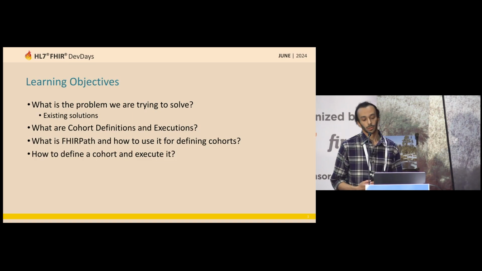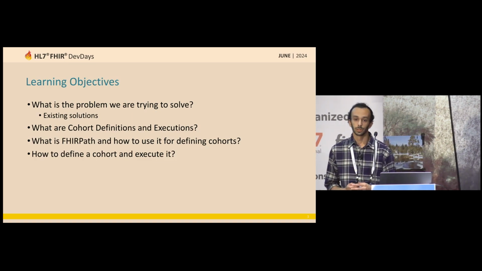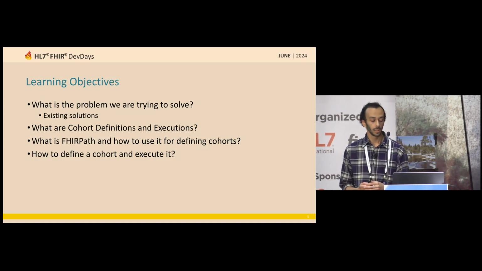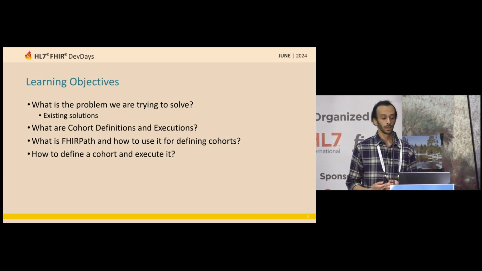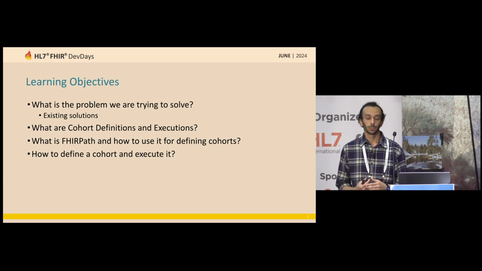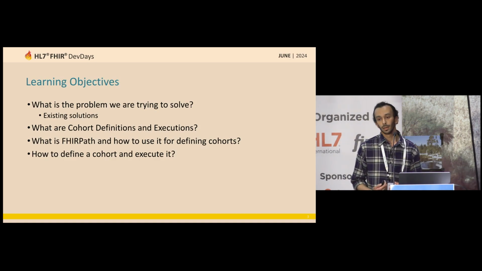Next, we'll touch a bit on FHIRPath, since this is basically the tool we're using here for our solution. And we'll discuss why and how we are using it for the definition of cohorts. And next, we'll see how to use FHIRPath to define a cohort and how we can execute it at scale.